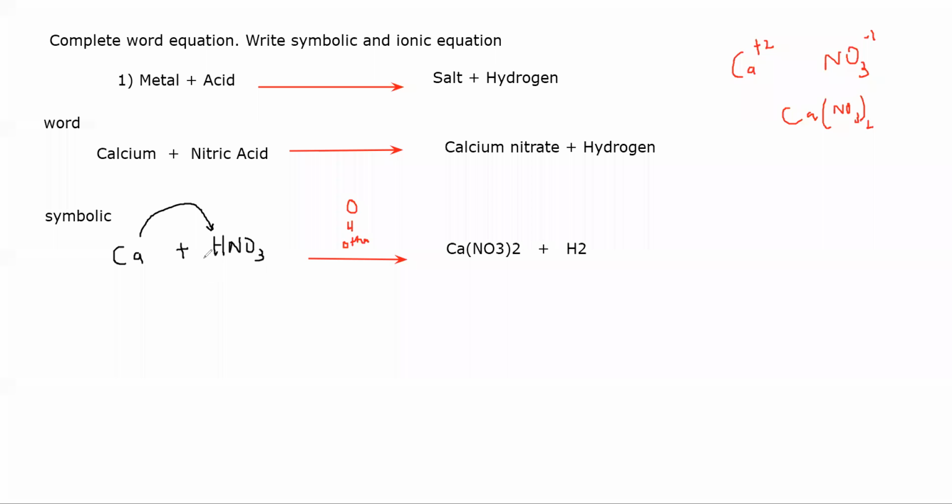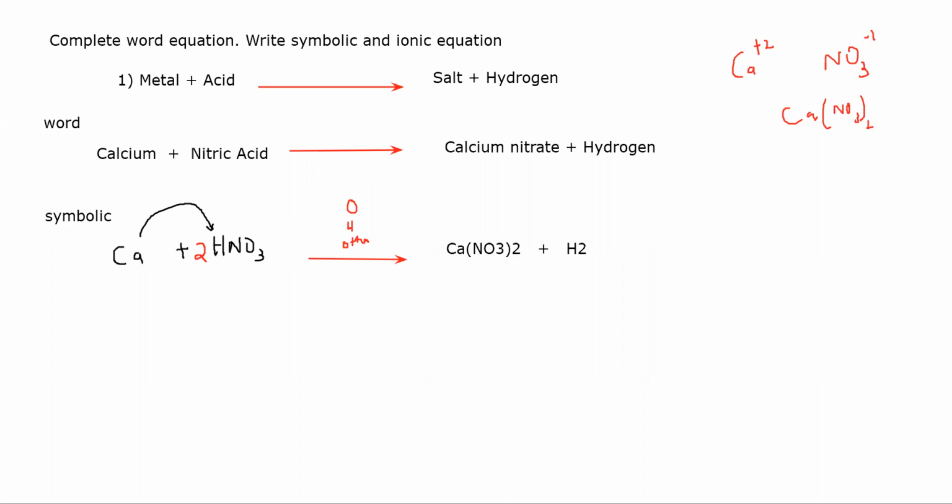So what we'll do, we'll put 2 here. When I put 2, oxygen is balanced, hydrogen is also balanced, nitrogen is also balanced, and calcium is balanced. So this equation is balanced.